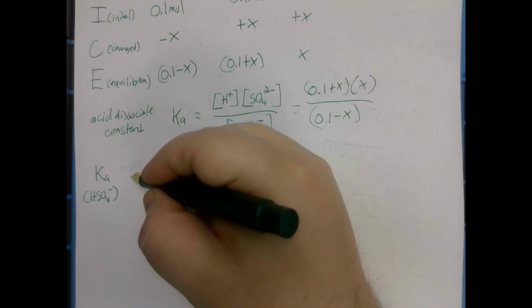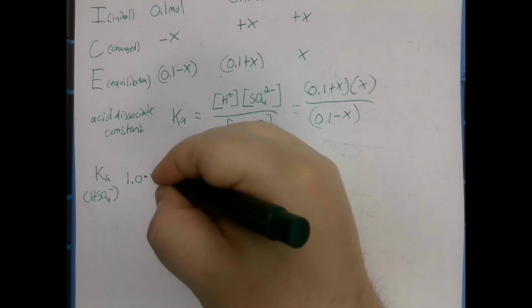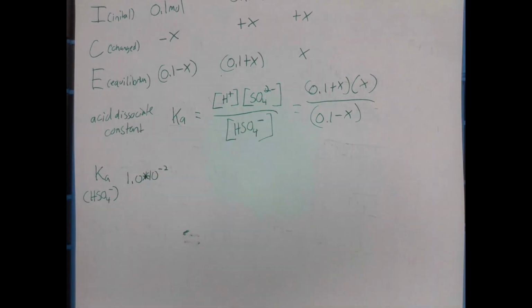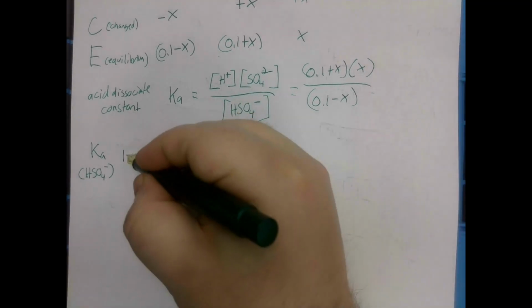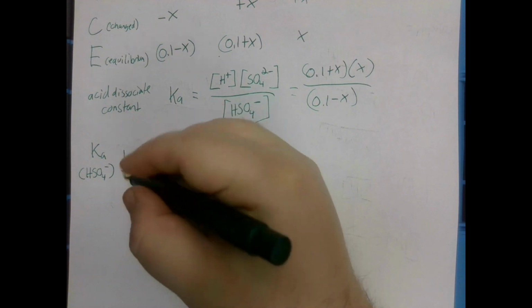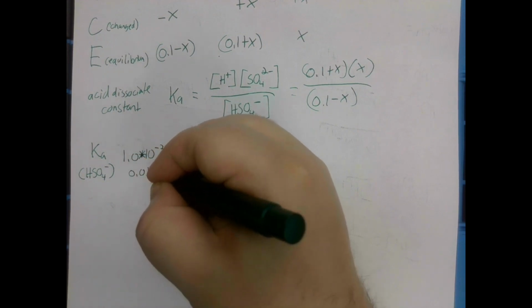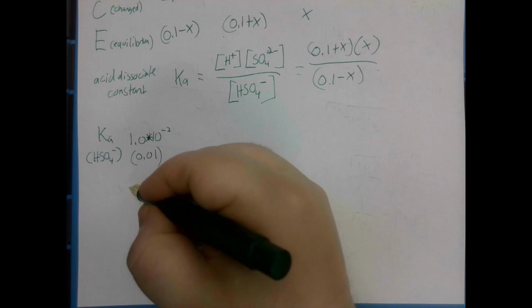It is 1.0 times 10 to the negative 2. One times 10 to the negative 2 is 0.01. So I'll just use it without scientific notation.